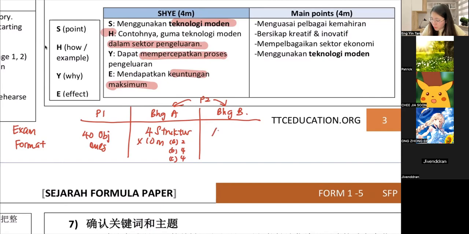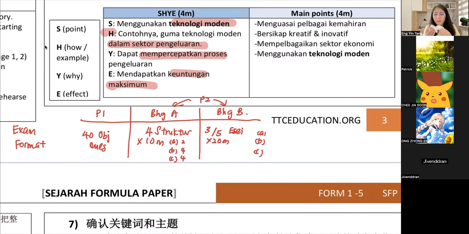Okay, now Bahagian B. In Bahagian B, in total we have 5 questions. You need to answer at least 3. This is the part we call essay questions, because each question is 20 marks. Their structure is almost the same.